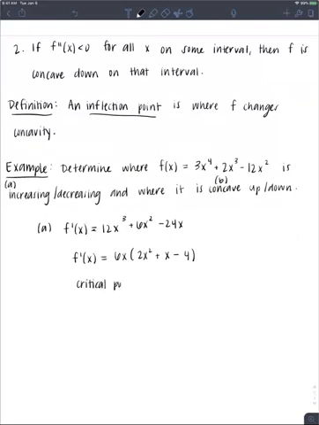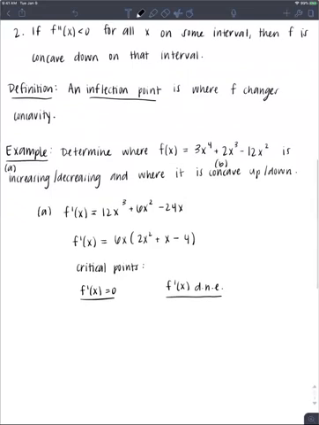Now I want to find the critical points. Remember, this is the one I forgot on Wednesday: it's where the derivative is equal to 0 and where else? Where the derivative is undefined, or does not exist. Is it ever undefined here?